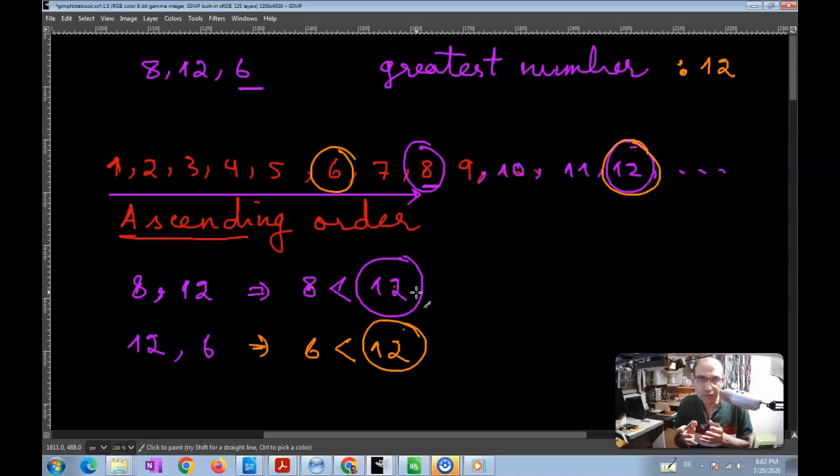So sometimes I make the assumption that you're in a higher class, and when I do so, I have to bring in a little bit more advanced mathematics.